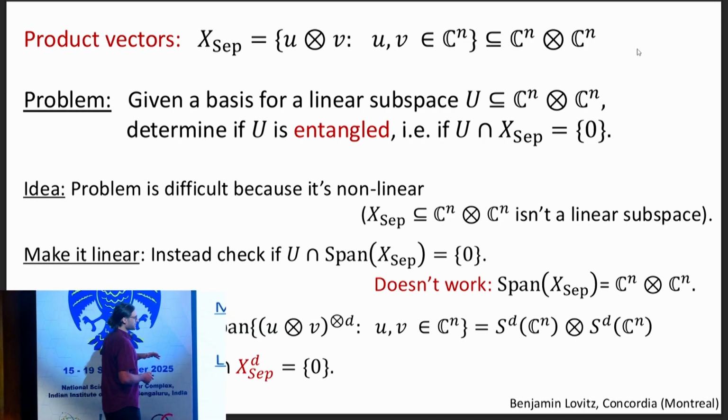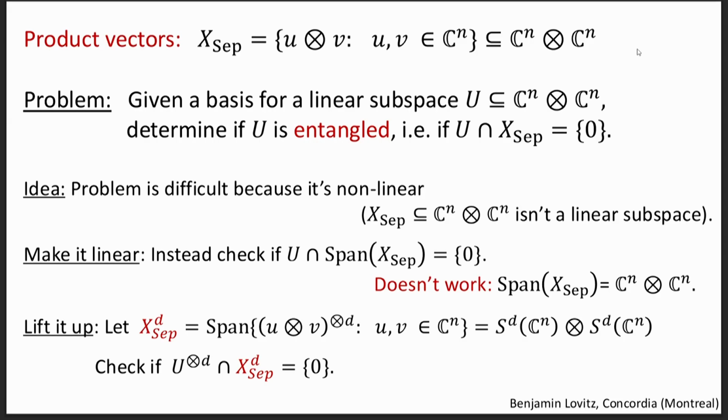But the idea is to lift this up to a larger linear system, that you're solving a linear system on a larger space. And up there, it becomes non-trivial. So I'm going to define this space X sub D, which is the span of the set of product vectors tensor D times.